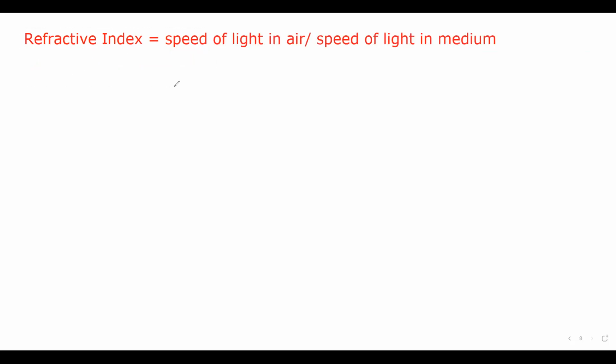Refractive index is denoted by n. Speed of light in air is denoted by c, and speed of light in a medium is denoted by v. So n equals c by v, where c is the speed of light, a fixed value, 300 million meters per second, or 3 times 10 to the power 8 meters per second.